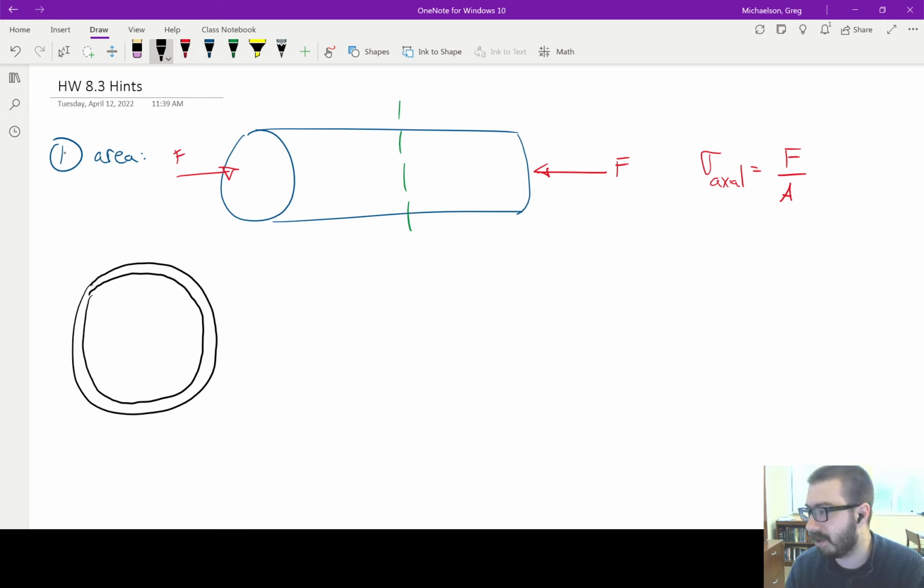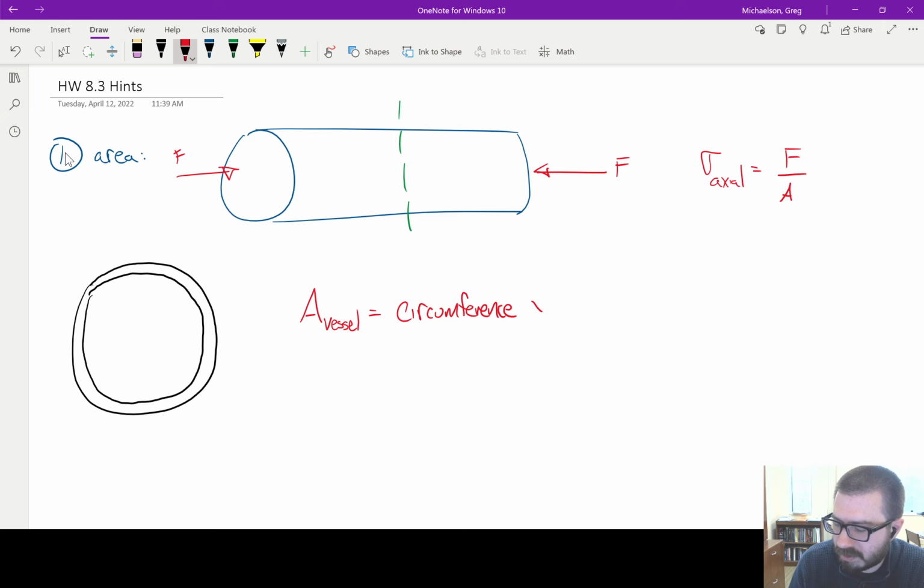Because pressure vessels are thin-walled, you could use the outer diameter squared minus the inner diameter squared, but there's actually a pretty easy shortcut, and I propose that the area of the vessel is just the circumference multiplied by the thickness. The circumference is the length of the vessel along that circular path, and if we take that length and multiply it by the thickness, that's the area.